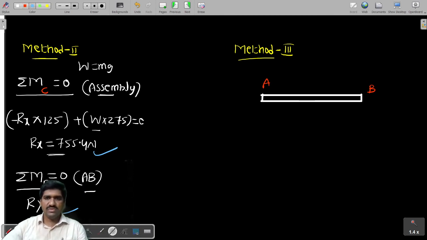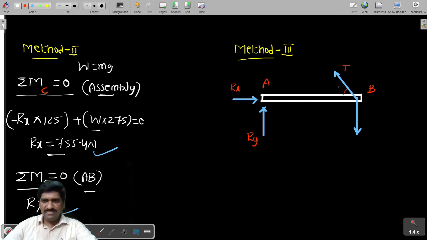I'm representing the forces: weight W, Rx, Ry, the tension T. Here we have Rx, here we have Ry, tension T, and this makes some angle theta. This is the weight W.